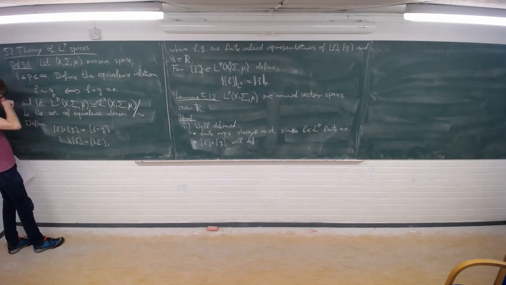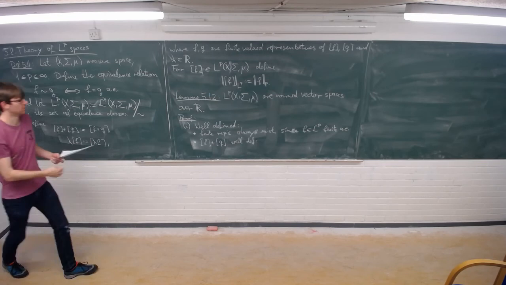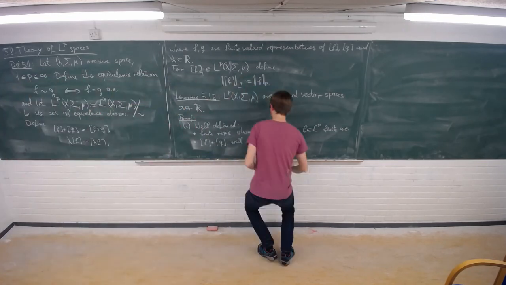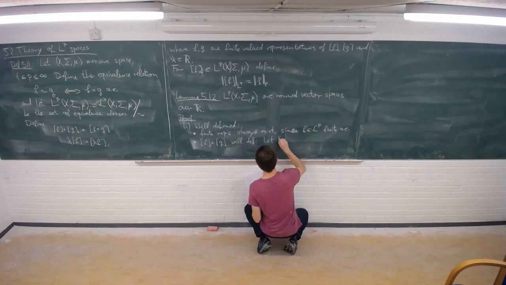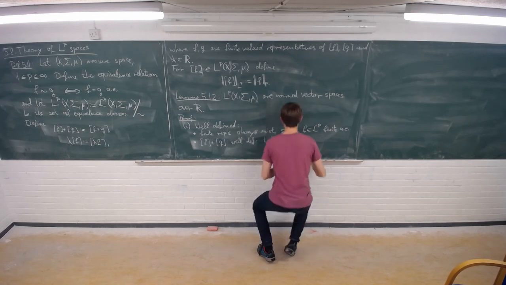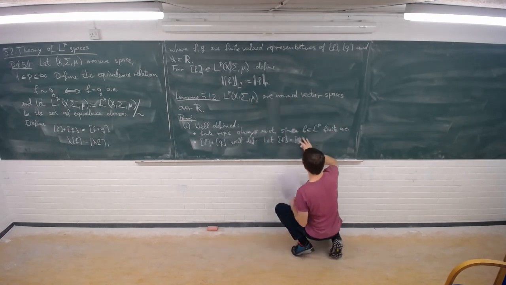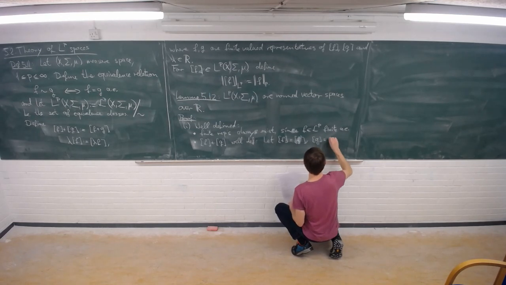This sum should only depend on the equivalence class, not on the representative. So let's just take two different representatives. Let the class of F be the same as the class of F prime, and the class of G be the same as the class of G prime.